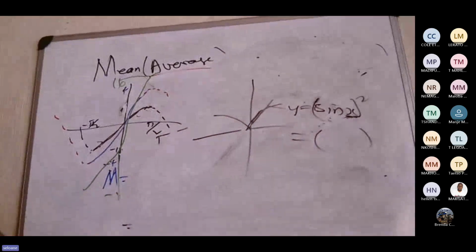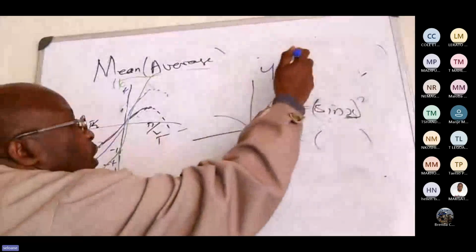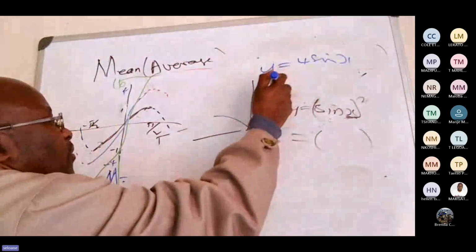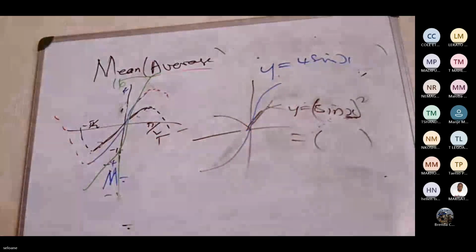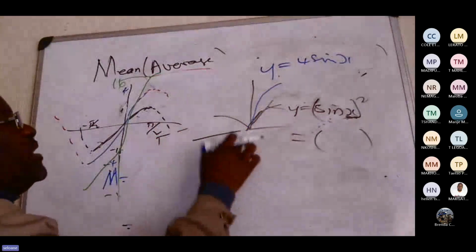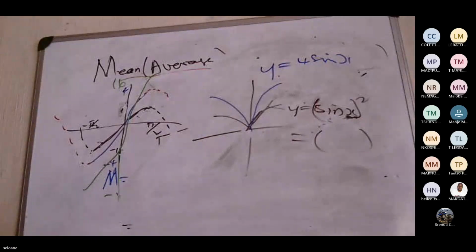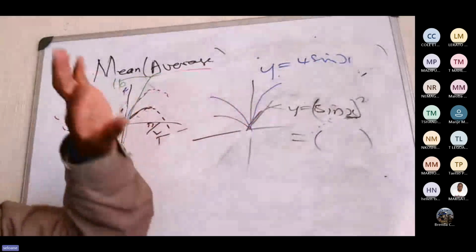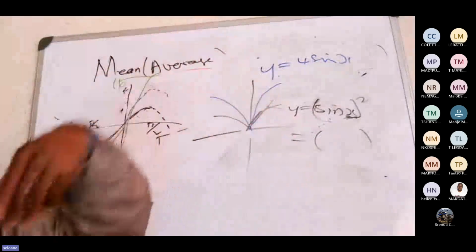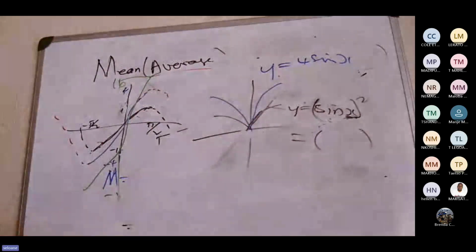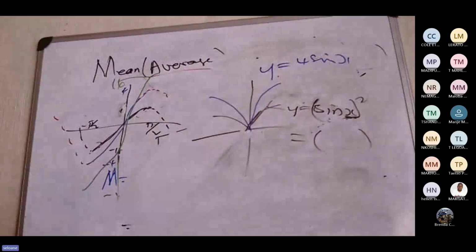So if you had, say, y equal to 4 sine x, instead of this, it will now be this. You see. Because it's no longer taking the positives and the negatives, we can find the average of those values of y, and they are not going to cancel each other.